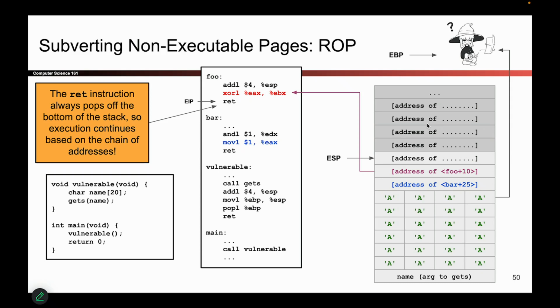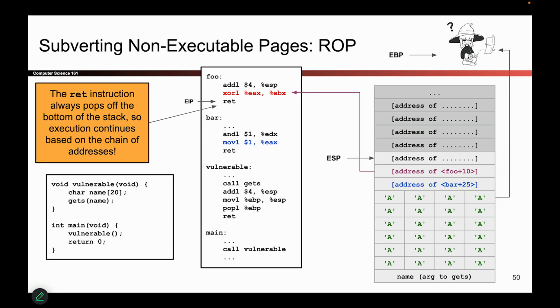So as long as all of our gadgets end in a ret instruction, all we have to do is write each address of the gadgets one after the other, and what will happen is each gadget will run one after the other, and since each gadget ends in a ret instruction, it will pass control over to the next gadget.